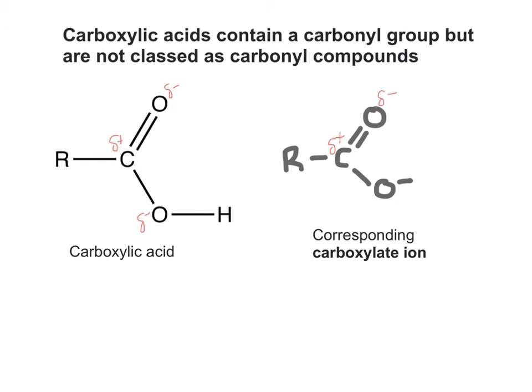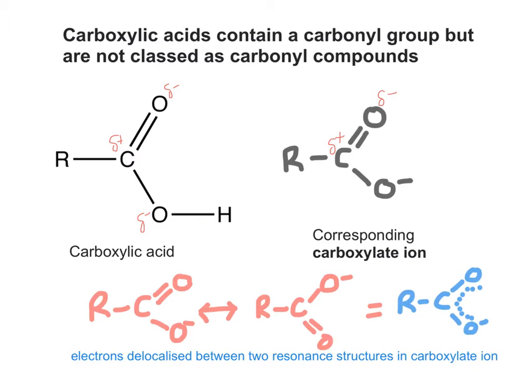And the reason for this is the presence of the second oxygen in the C single bond O, which is polar itself. So the C single bond O is also polar, as you can see from the dipoles. That means that the original polarity, the distribution of electron density in the C double bond O, is slightly different to, let's say, an aldehyde or a ketone, where you wouldn't have an electronegative atom attached to the carbon.